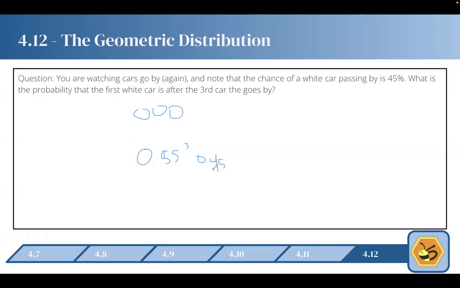X, X, X. 0.45, RS is doing it correctly, but for the recording, we'll still do it. So this is the first 3 cars being failures, and then this one is a success. But that's not what we're looking for, right? We're looking for after the third car, which means it could be the 4th car, the 5th car, or the 6th car, right?